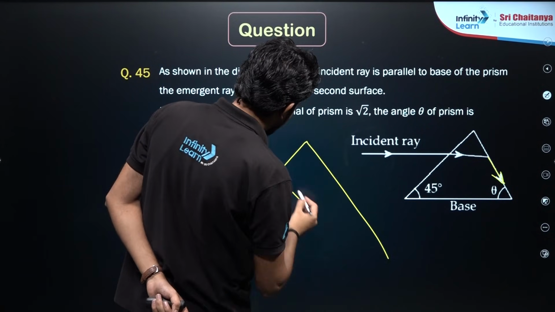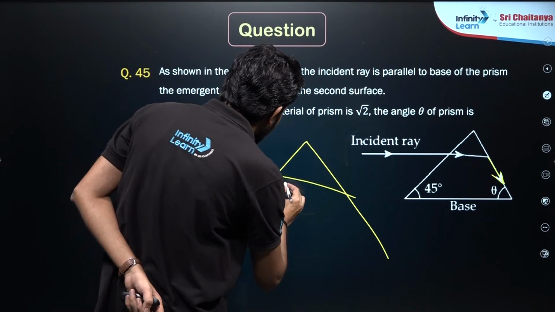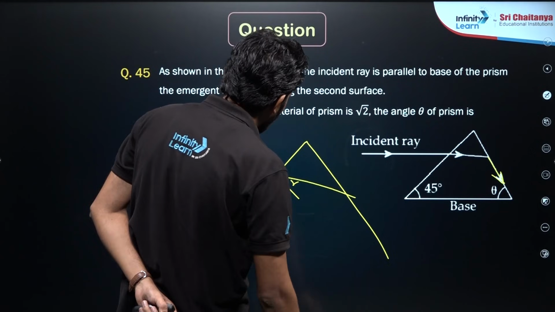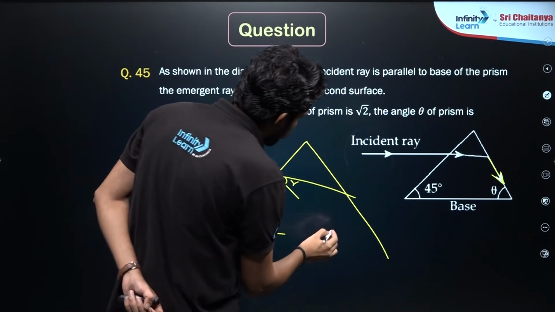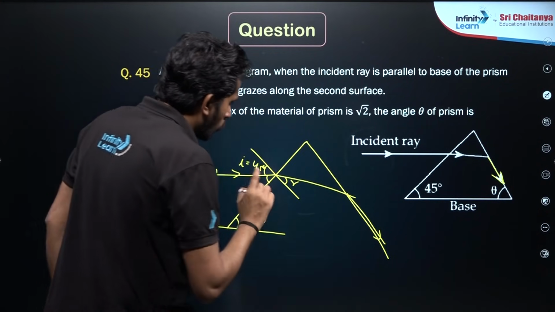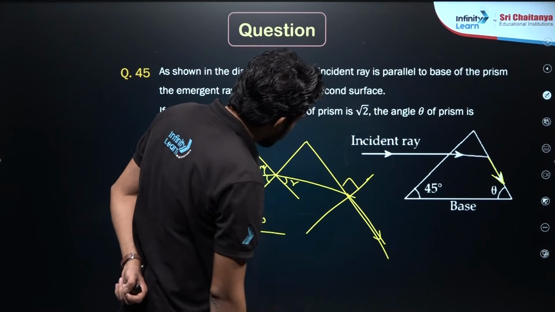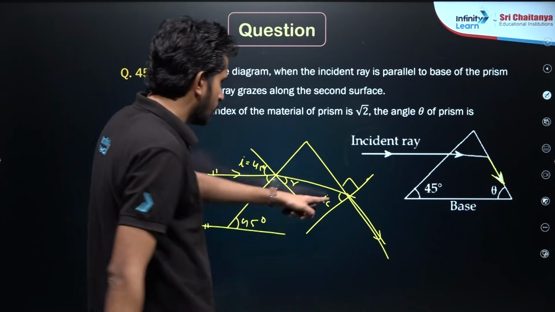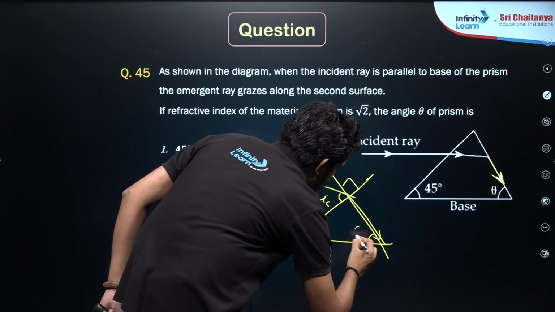Then we have this. And let's say this is R angle. But this complete angle is 90. And after this, this is going in this direction. So again normal 90 angle. So basically this is IC, critical angle. This is critical angle and we need the value of theta.